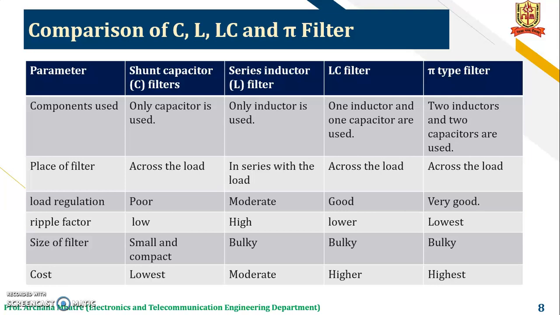Size of filter is small and compact for C type filter, and bulky for L, LC and pi filter. Cost wise, C type filter has the lowest cost, L type filter has moderate cost, whereas LC and pi type filters have higher cost.